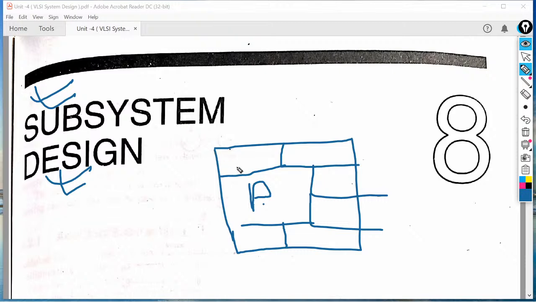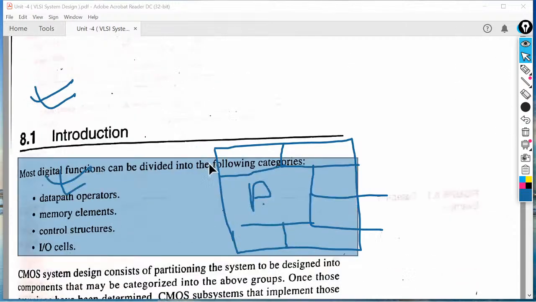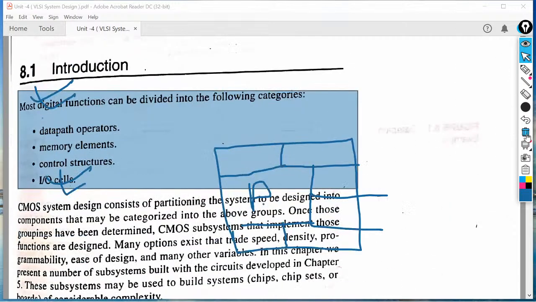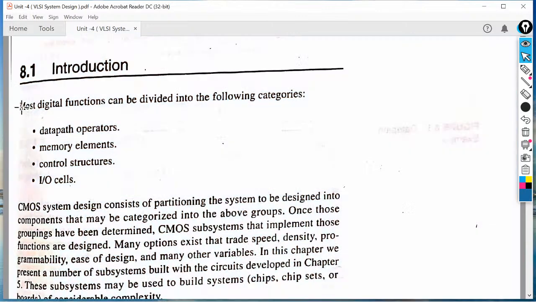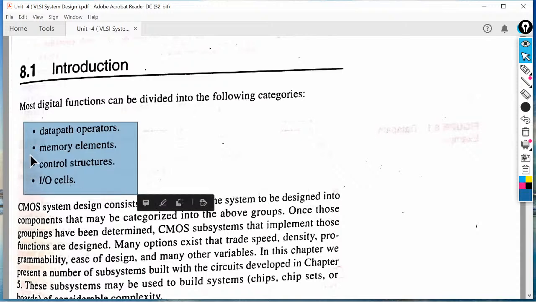On the basis of components, we divide the subsystem into four different categories. The first is data path operators, the second is memory elements, the third is control structure, and the fourth is input output cells. What does it mean?